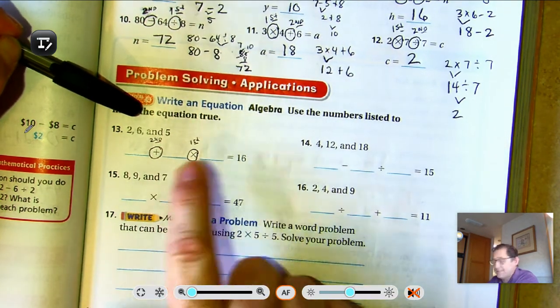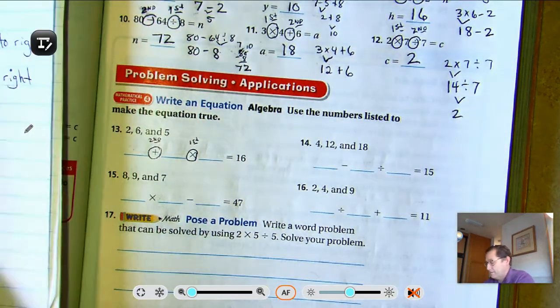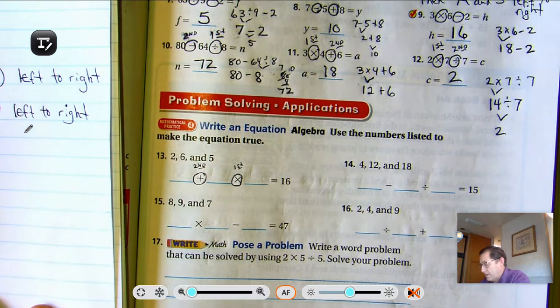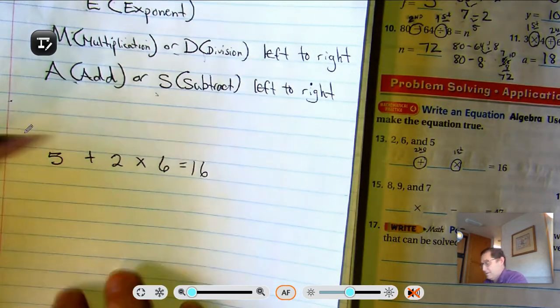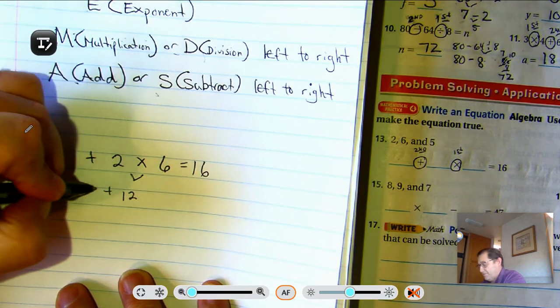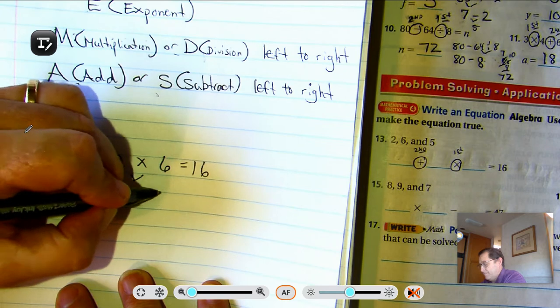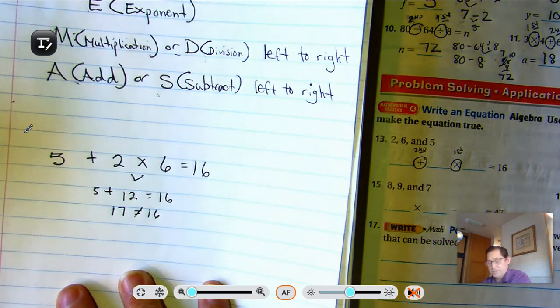If I put the 2 and the 6 here, let's try that. So I'm saying 5 plus 2 times 6 equals 16. Is that right? Well, if we multiply, 2 times 6 is 12 plus 5 equals 16? No. 17 does not equal 16.